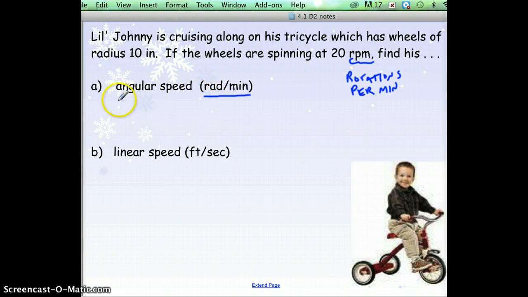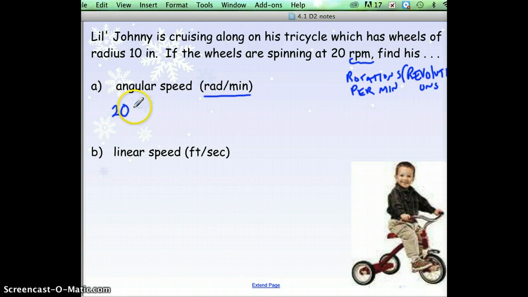Well, let's start with what we're given. We're given 20 rotations per minute. Another word for rotations is revolutions. So you could say rotations per minute or you could say revolutions per minute.